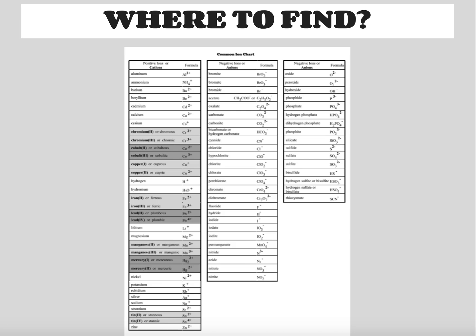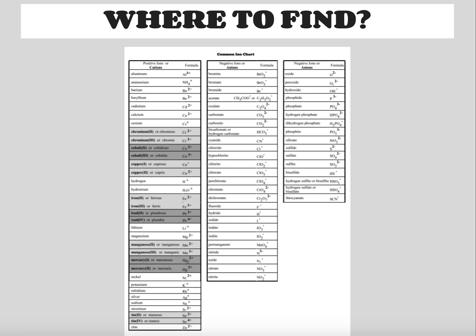The common ion chart is what we're primarily going to be using. Every compound that I might give you, I'm going to be using ions from this chart. It's a list of just single atoms like aluminum or barium or sodium, or polyatomics like bromate and oxalate and chromate or sulfate.